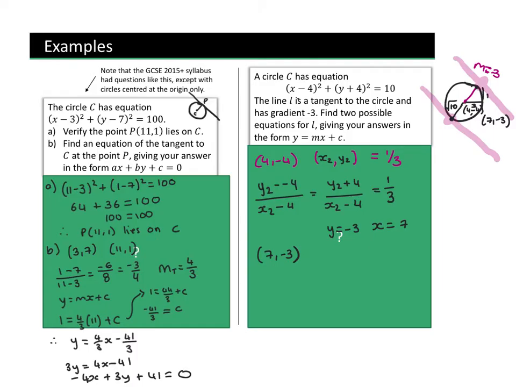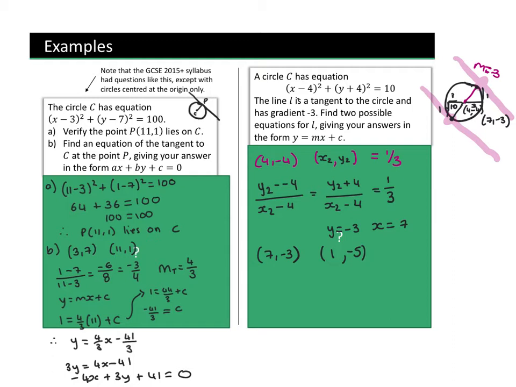So I know to go backwards, I need to go across 3 and down 1. So if we look at the point (4, -3), if I take away 3, what do I get? 1. And then minus 4 minus 1 is minus 5. So here is our other point. Now, this is one way to find it out.